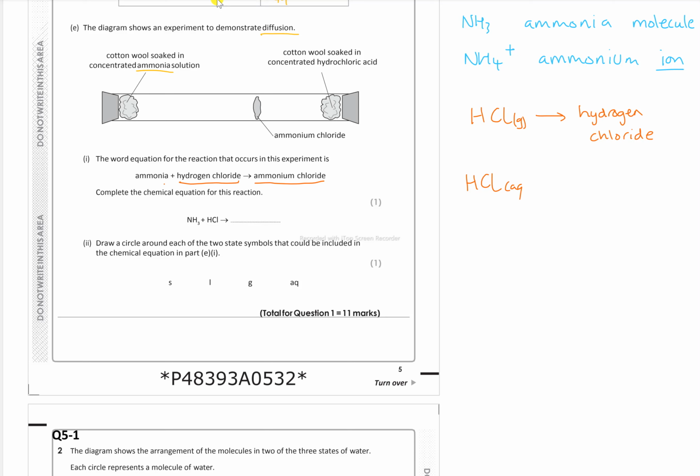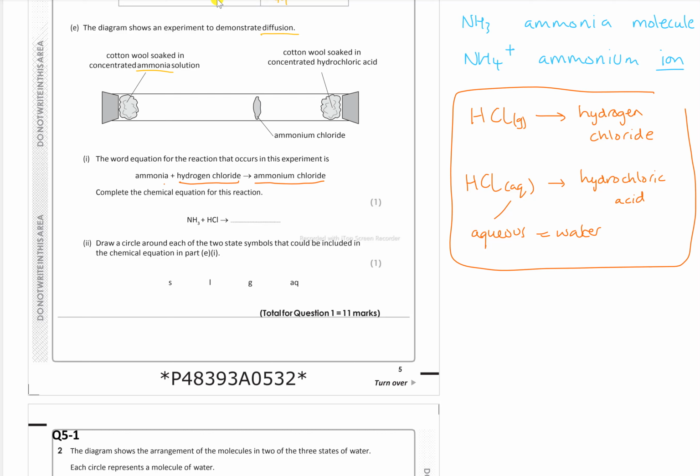Hydrogen chloride, when it's mixed with water, we know it as hydrochloric acid, and that aqueous means it's in water. It's mixed with water. Again, these are important, the good facts to recall, actually.